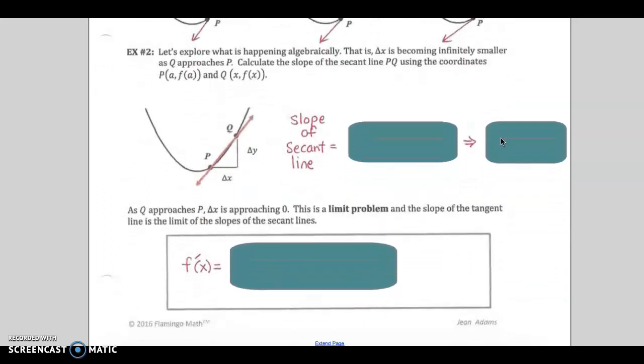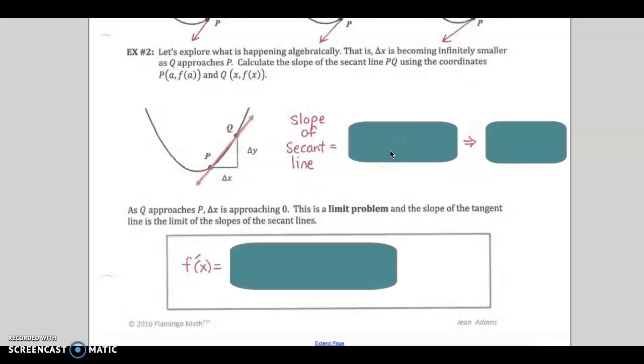So example 2, it says, let's explore what's happening algebraically. Delta x, or the change in x, is becoming infinitely smaller as Q approaches P. We want to calculate the slope of the secant line PQ using the coordinates, where P is (a, f(a)) and Q is (x, f(x)). This is going to look confusing, but it's just the change in y over the change in x.